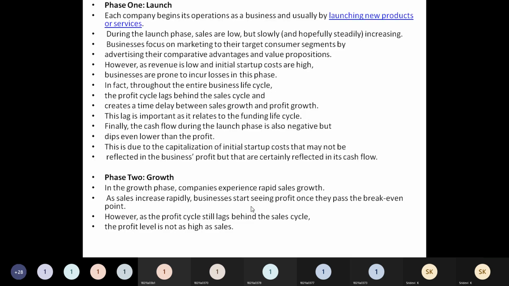So once the business person enters the break-even stage, what they earn we can say are profits. That means here cash inflows will be more than the expenditure that the business is going to spend. So the profit level will be high.